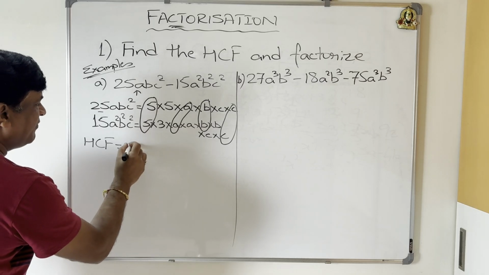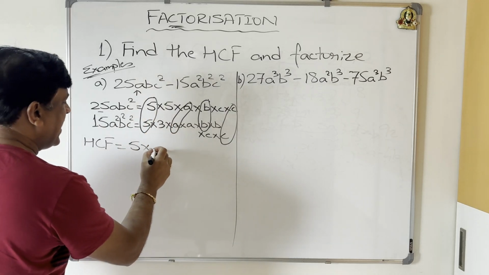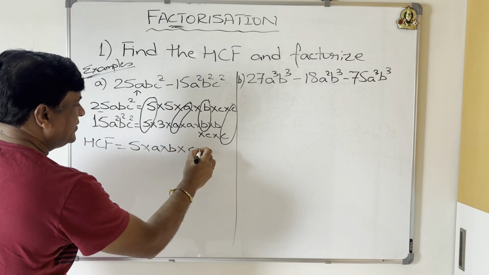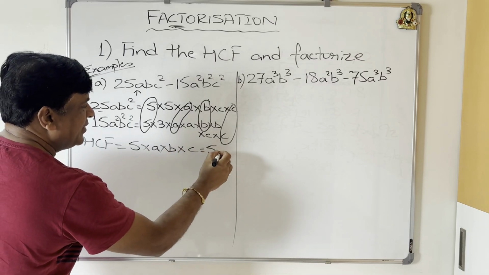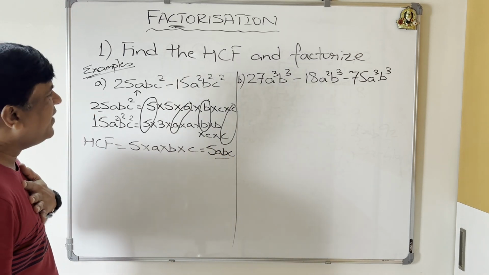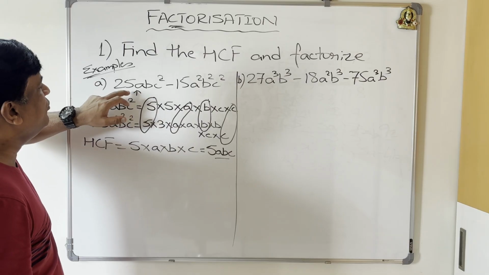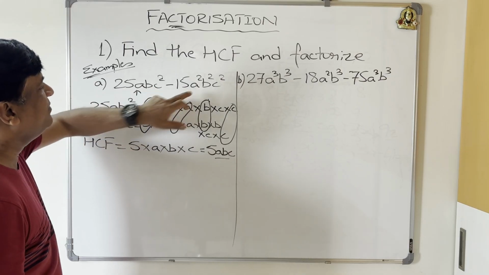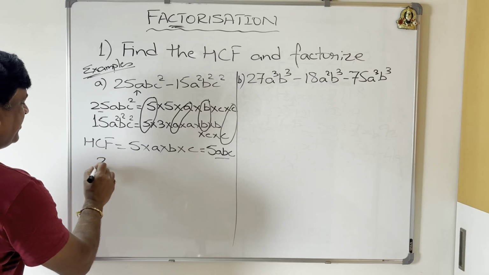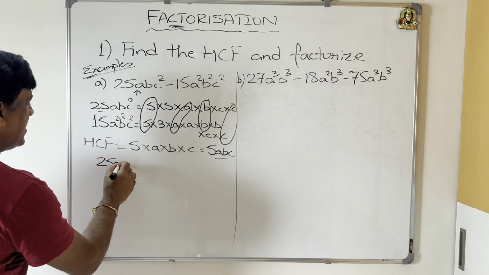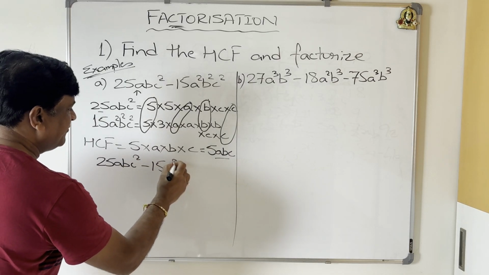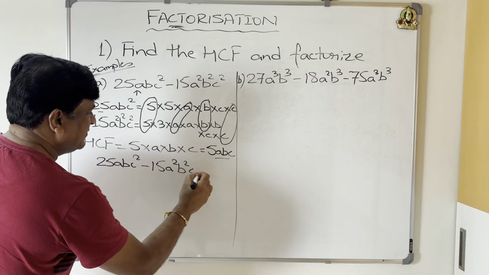So you have a 5 times A times B times C, which can be written as 5ABC. That's the highest common factor. Now the next step is that you need to divide these terms by that one. Look at it. Your expression was 25abc square minus 15a square b square c square.